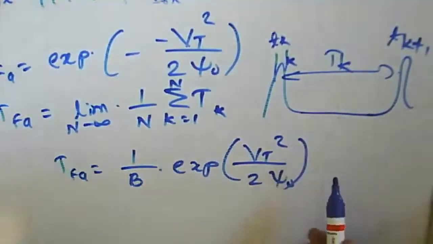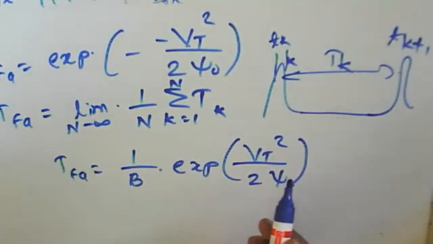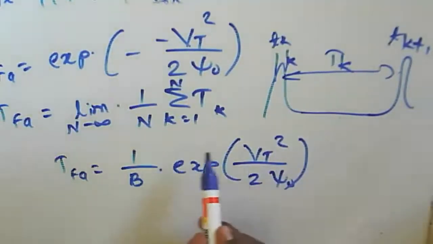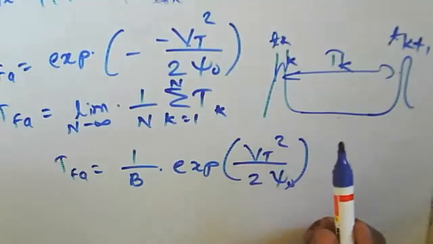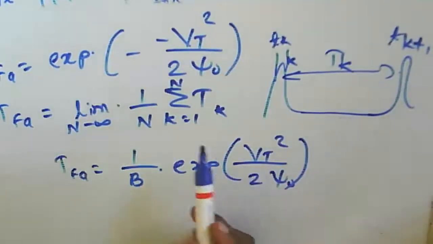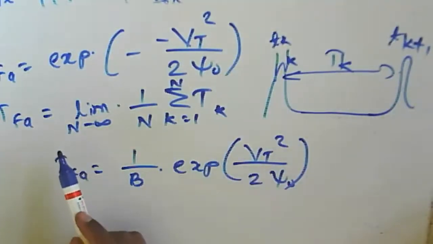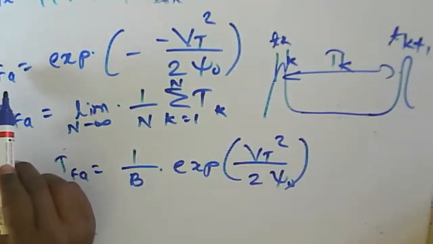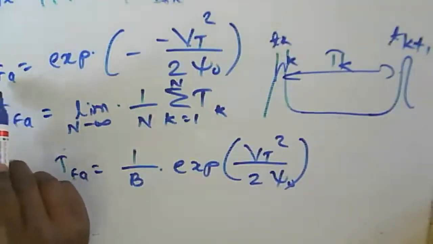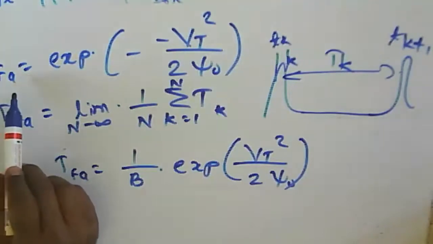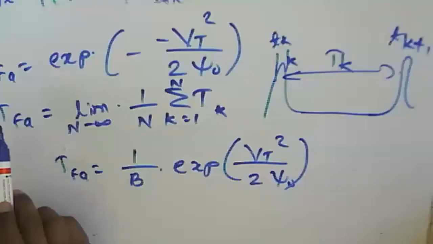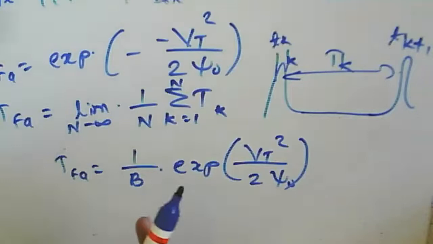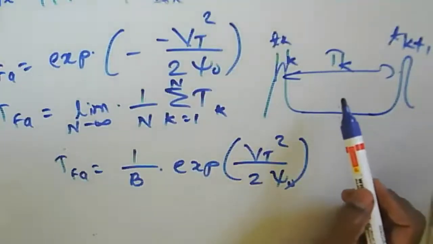So now, for a given particular signal received at a receiver, we need to find out the false alarm probability PFA, and that false alarm probability can be expressed in terms of the time of the envelope here.